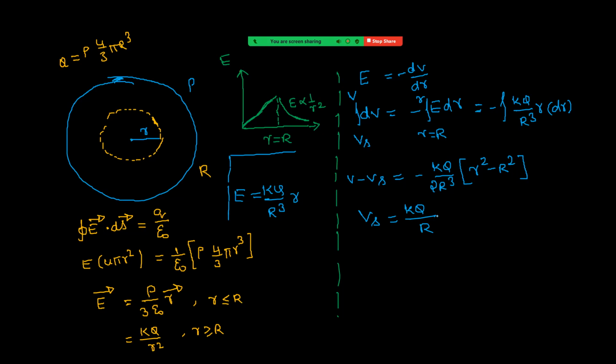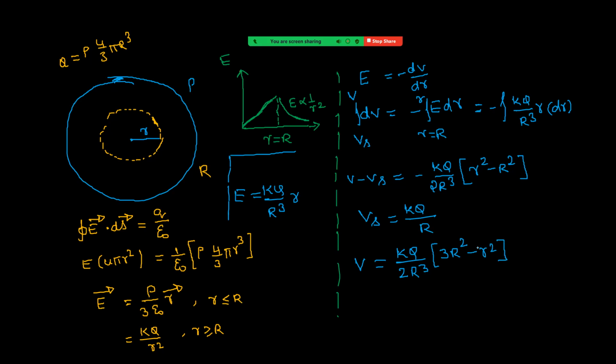Now substituting this value in this one, we get kq by 2R cube into (3R square minus r square).